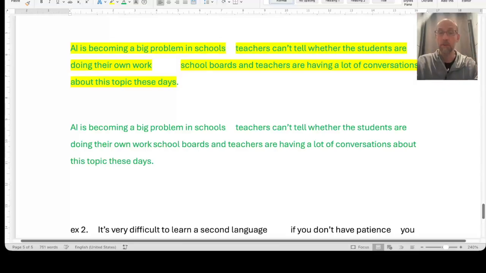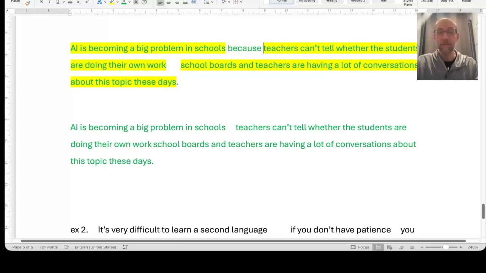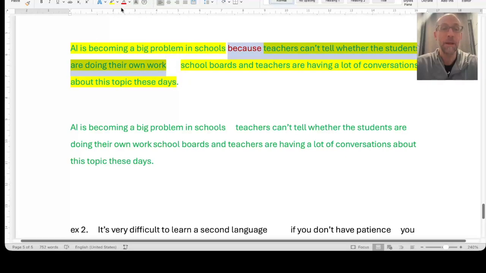I could do comma for. Make that a comma fanboys situation, right? I could also add because, but because is a subordinator, which is going to make this whole clause a dependent clause now.